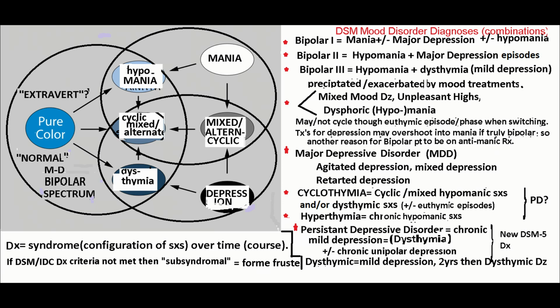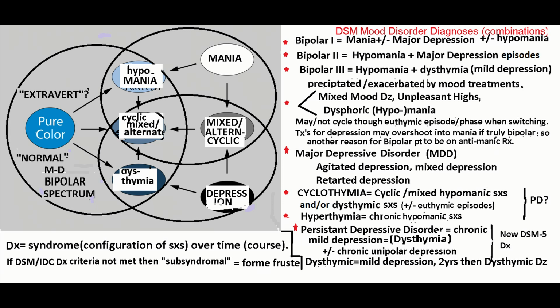This dysphoria is usually associated with mania, or at least in some of them they have euphoric states. But this dysphoric mania is basically mixed mood disorder. And if they cycle, they might not cycle through what's called euthymia, which is normal mood, emotional tone.